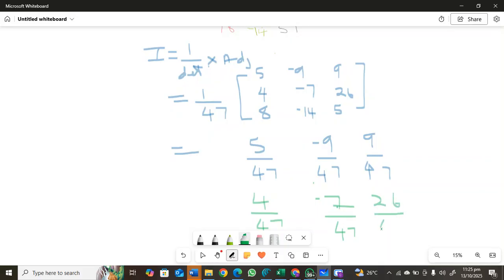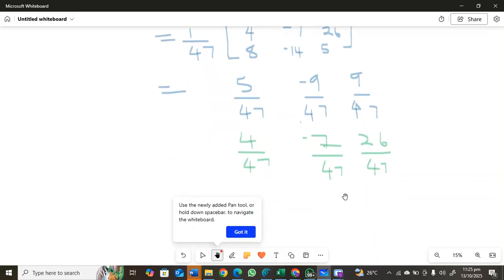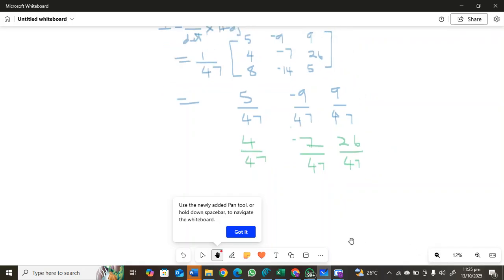If these fractions can be simplified, you have the liberty of simplifying them. But in the case where they can't be simplified, you just leave them as fractions.